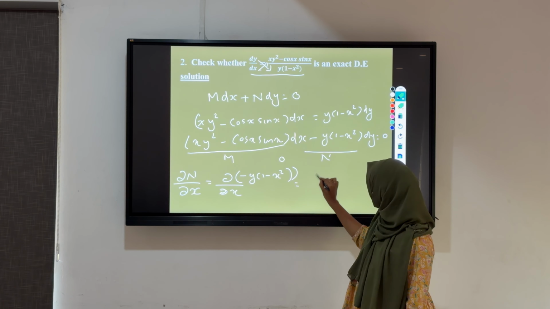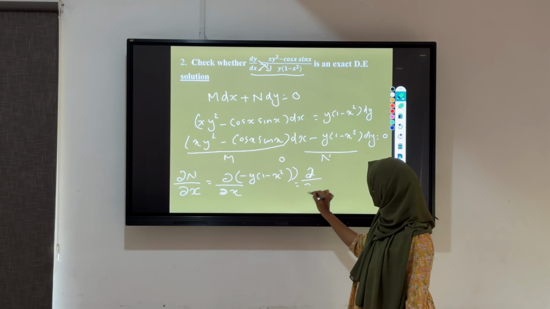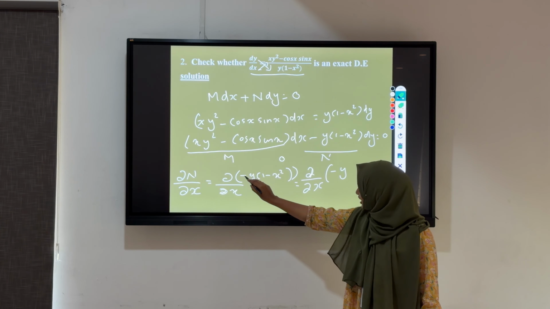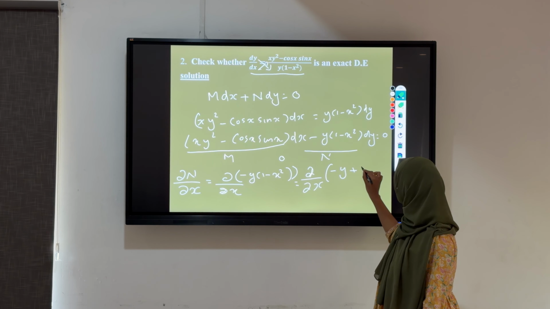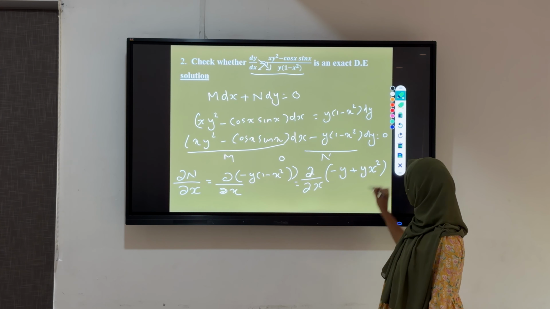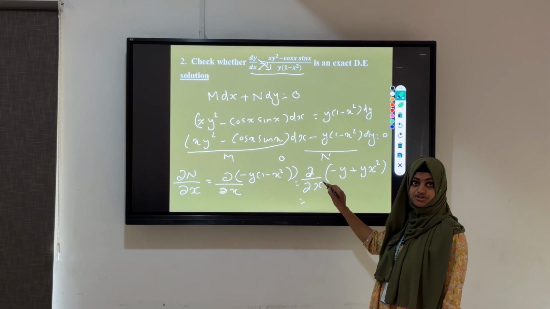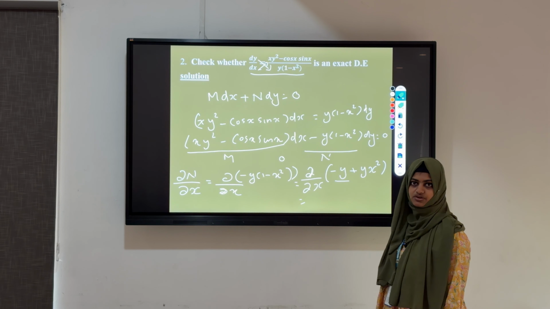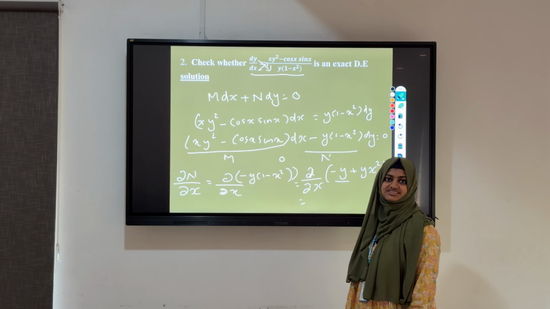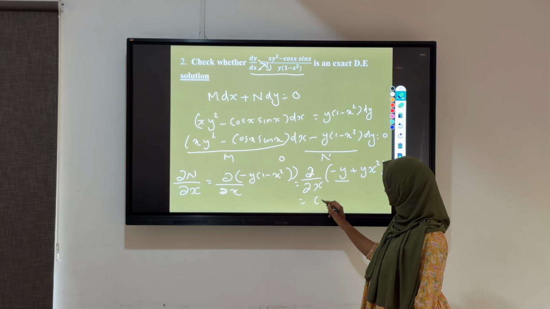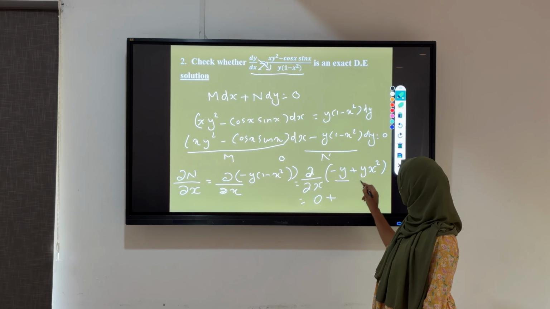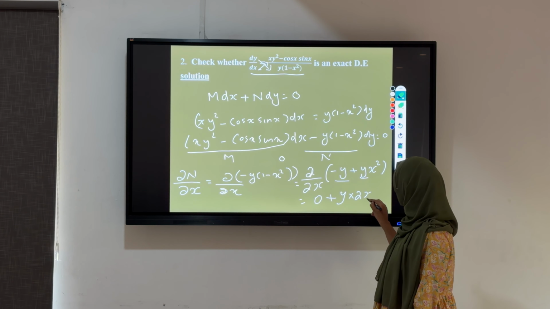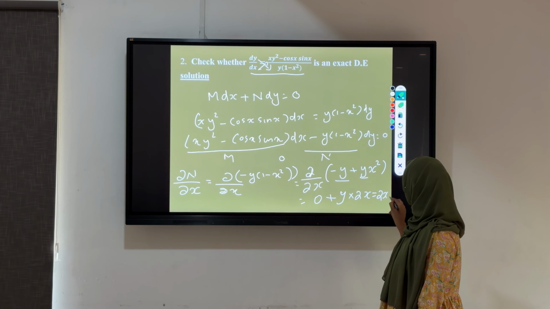For understanding we can write dou by dou x of (minus y plus y x square). Here with respect to x, y is considered a constant. The derivative of a constant is 0. Then 0 plus y is constant, the derivative of x square is 2x. That's equal to 2xy.